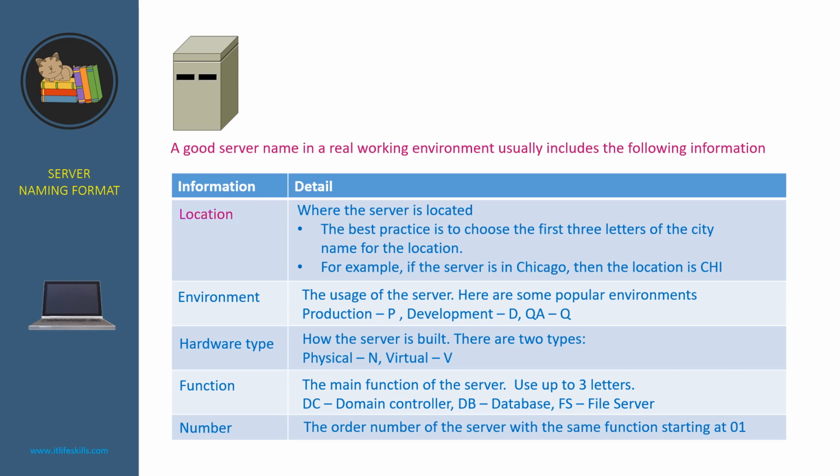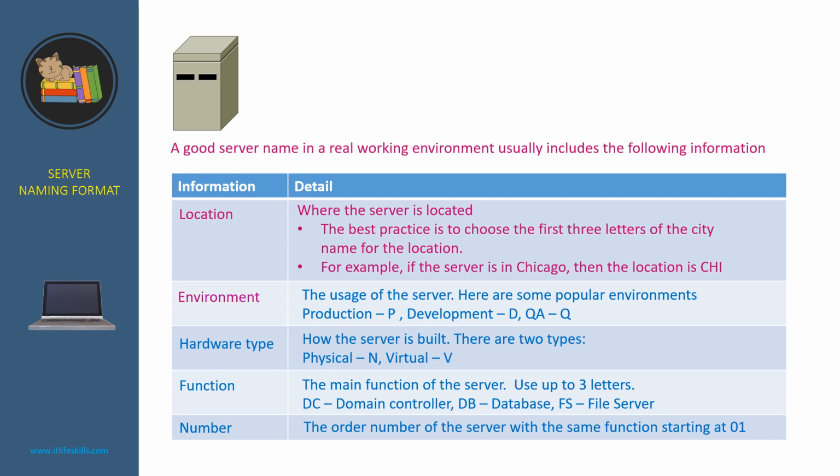The location indicates where the server is located. The best practice is to choose the first three letters of the city name for the location. For example, if the server is in Chicago, then the location is CHI.